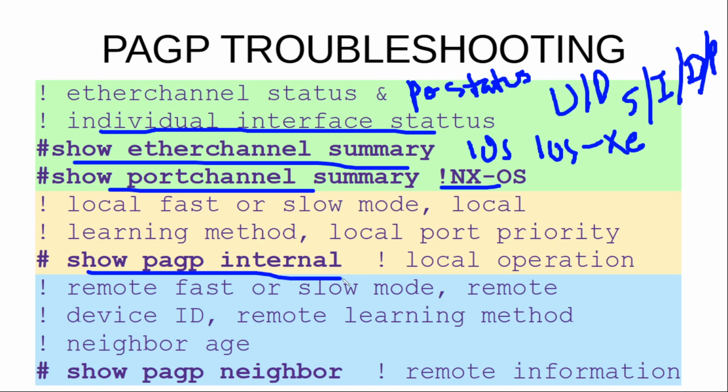You can use show pagp internal to know how the switch where you are working is behaving, under what parameters it is operating, what learning method it is using, whether it is configured for slow hellos or fast hellos, what the port priorities are, and so on. And you can use show pagp neighbor to know how the remote side is operating, what the remote device ID is, what the remote learning method is, whether it is sending fast or slow hellos, and so on.